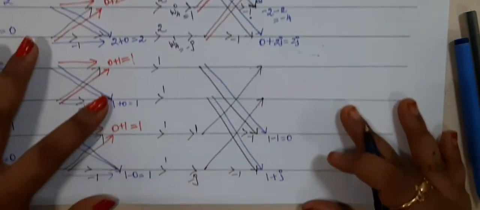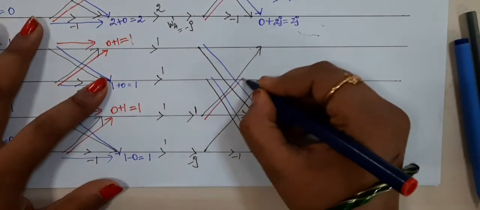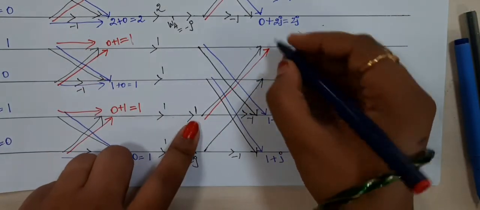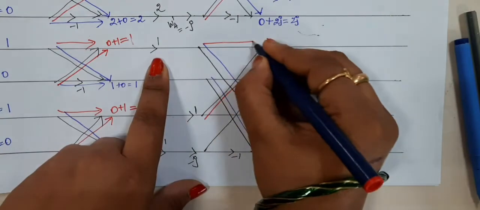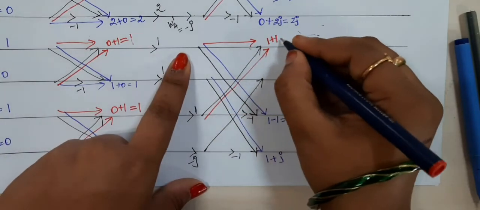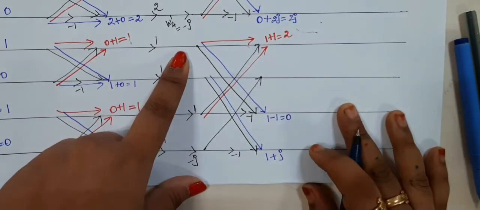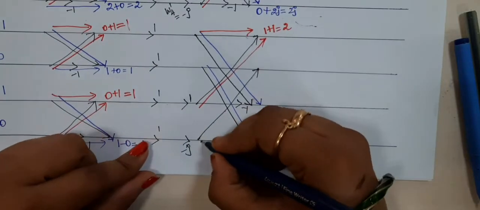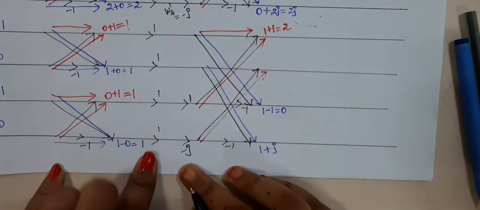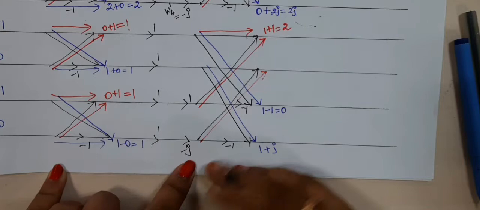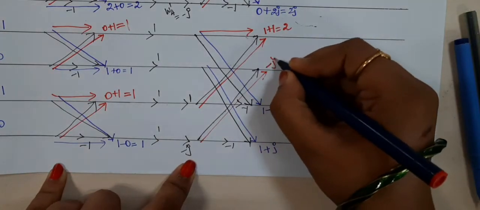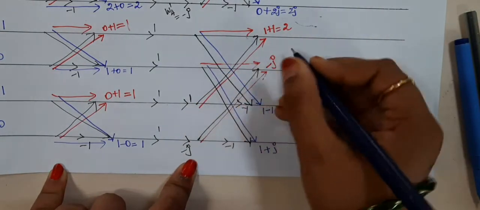Okay, so likewise for the up arrow, next one up arrow 1 into 1, 1, and then this value is also going to come, plus 1 equal to 2. Okay, so likewise for the up arrow, here we are having -j, 1 into -j, -j, and one more value is plus 1.